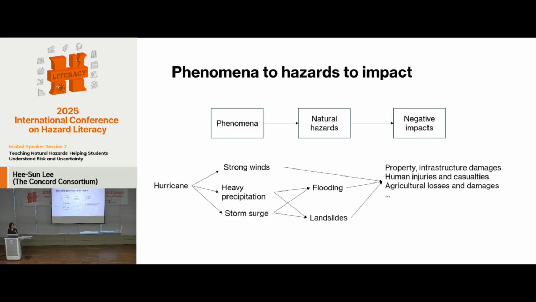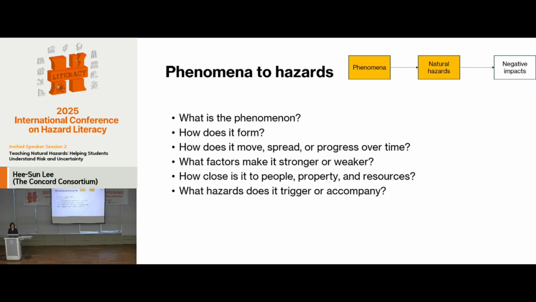And heavy precipitation and storm surges can create additional hazards, flooding and landslides. Altogether, it's going to impact people, communities, properties, environments, and agriculture, everything else. So that's generally what we want to teach to students.